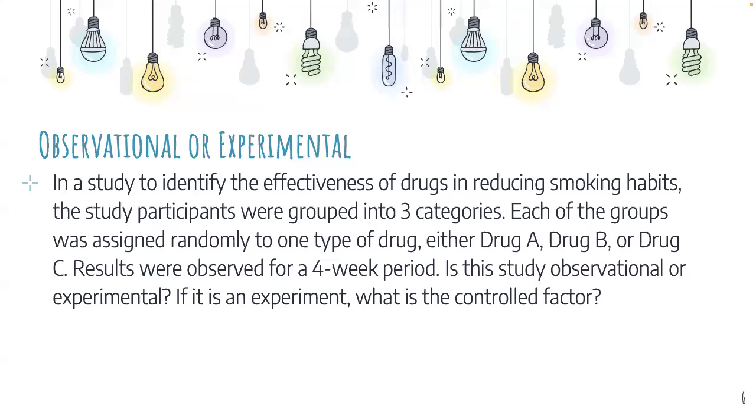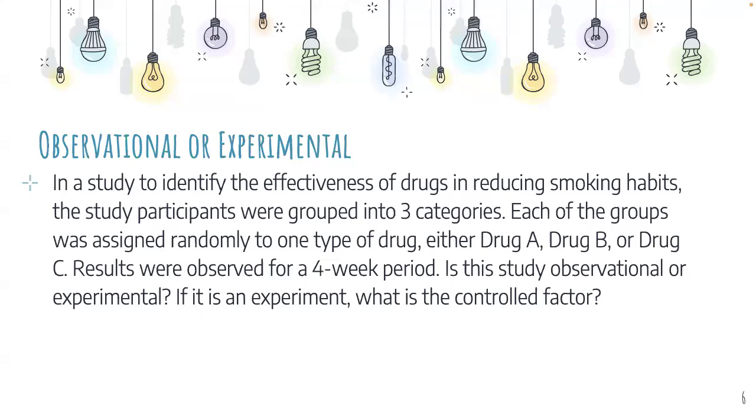We are grouping people into 3 categories. So we're controlling the type of drug that each group is taking. So then this is an experiment because we're controlling that factor.